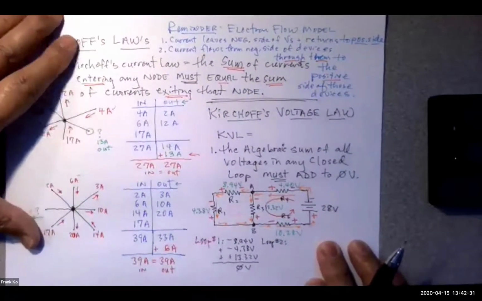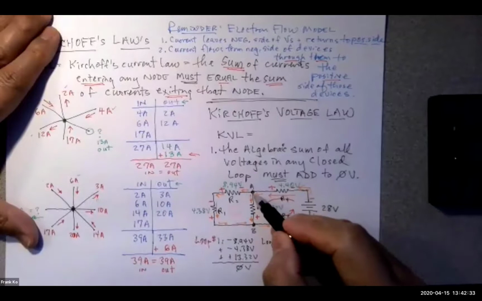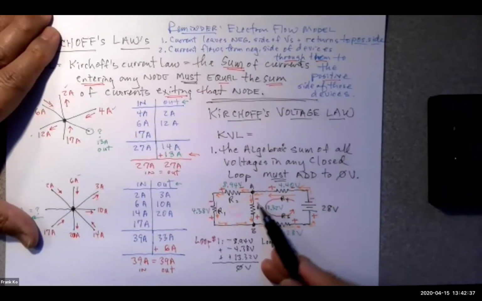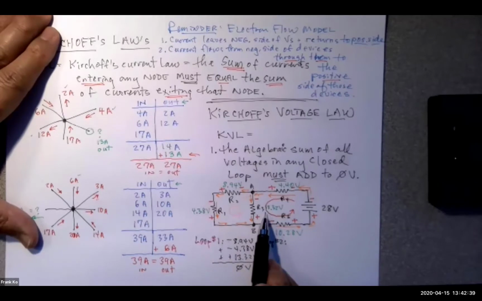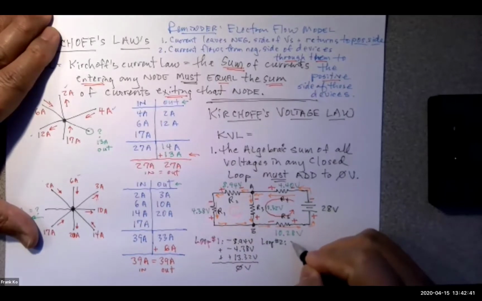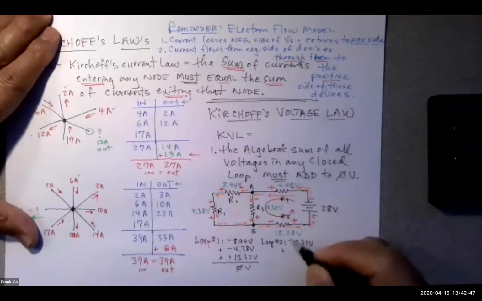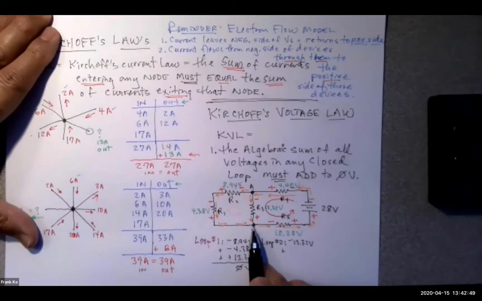Numerically, the very first thing we see from A to B is going to be what polarity? Negative, and negative 13.32 volts, right? So I have negative 13.32 volts. I'm going to add that to, now I'm at point B going to the right, the first polarity I encounter is negative 10.28 volts.